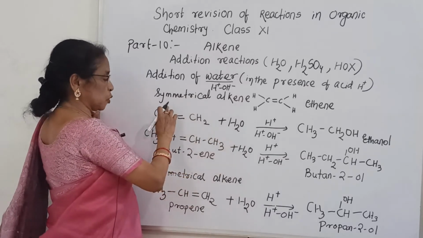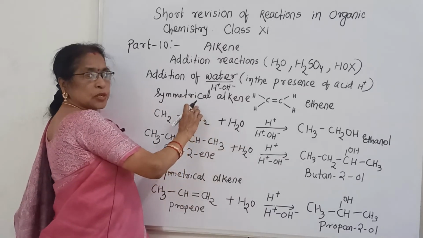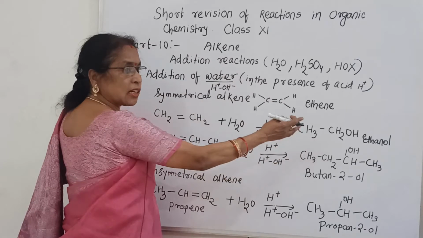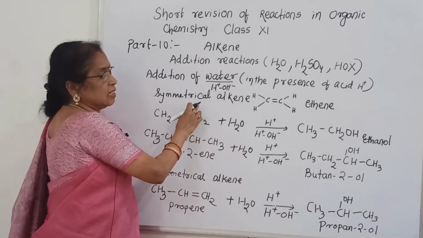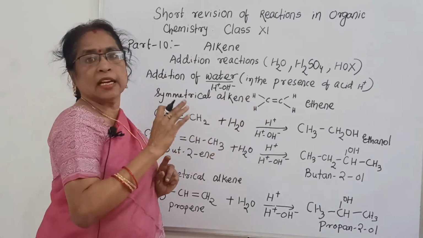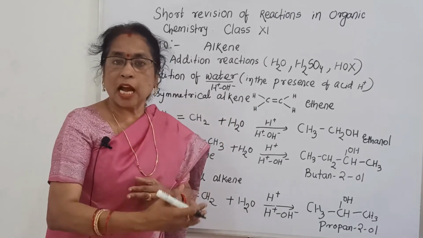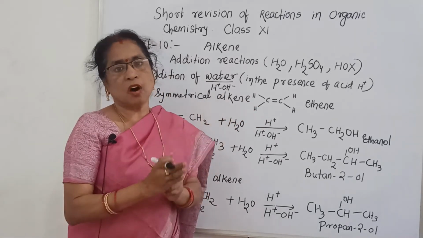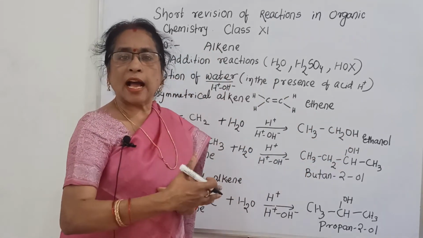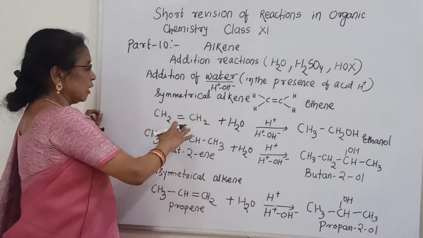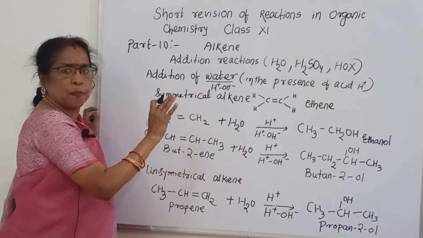If H plus goes here and OH minus goes here, the product is the same, ethyl alcohol. If OH minus here and H plus here, the same product, you will get ethyl alcohol. What is the IUPAC name? Ethanol, CH3CH2OH, that is called ethanol. So this is symmetrical, there is no problem.